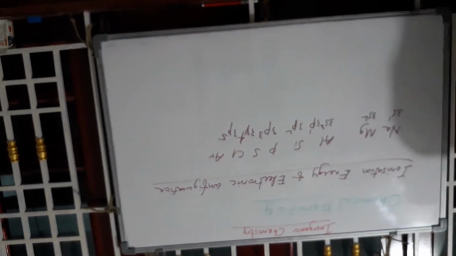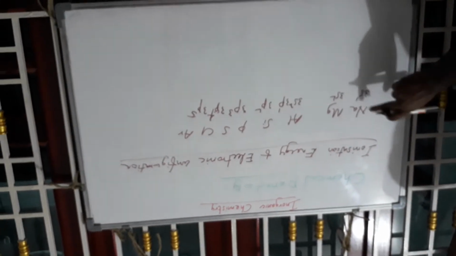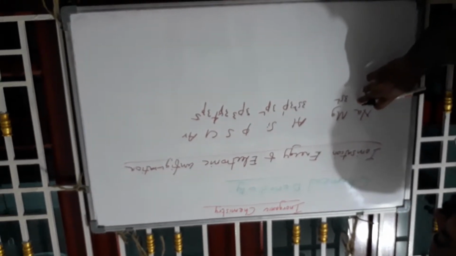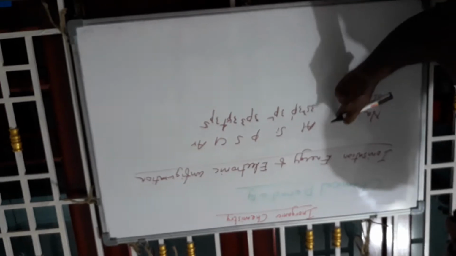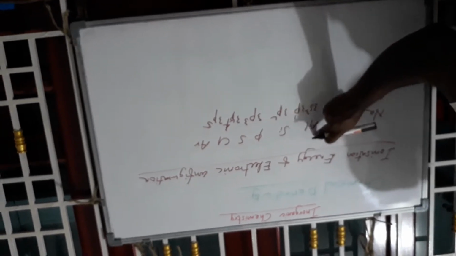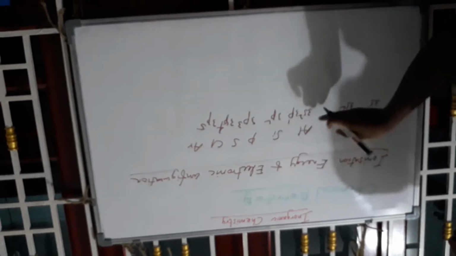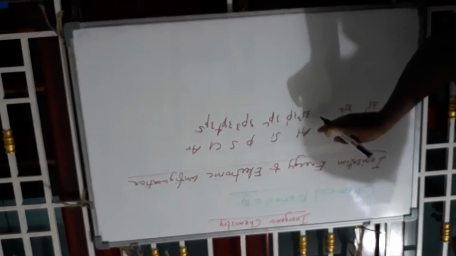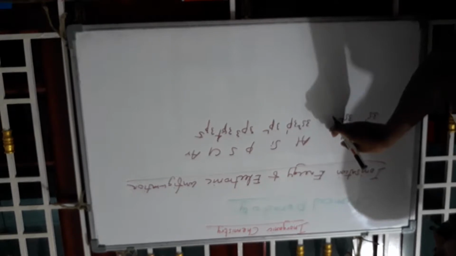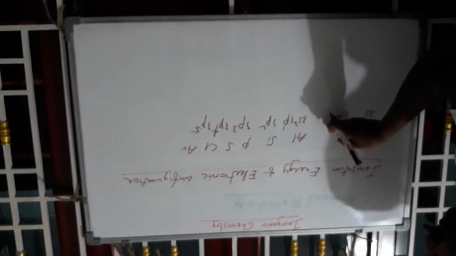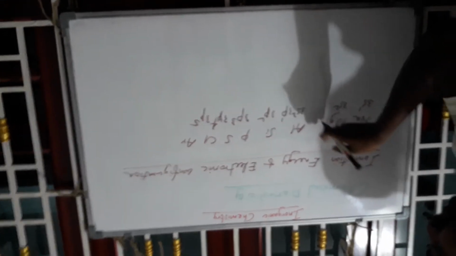So we have to find out the ionization energy. Here sodium has the least ionization energy, because it contains only one electron that we can remove easily. Magnesium is higher. Aluminum should be higher by electronic configuration, but actually magnesium has higher ionization energy.